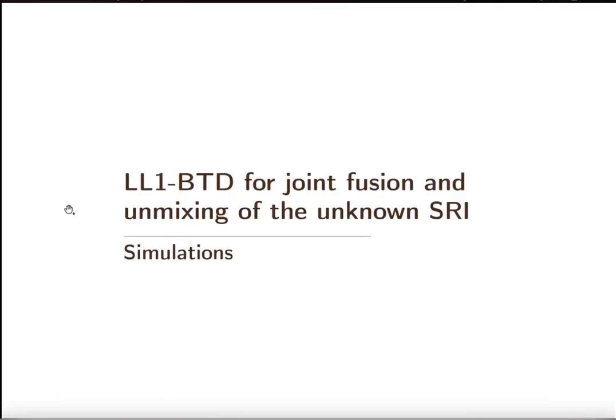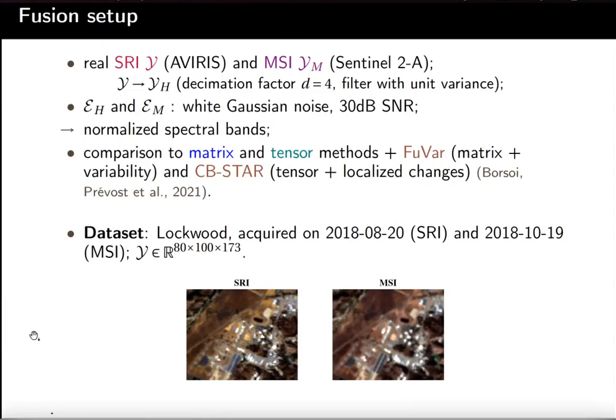Now, let me illustrate the performance of this approach with some simulations. And let me first explain the fusion setup. So we have available a super-resolution image Y and a multispectral image YM that are acquired by different sensors at different times.